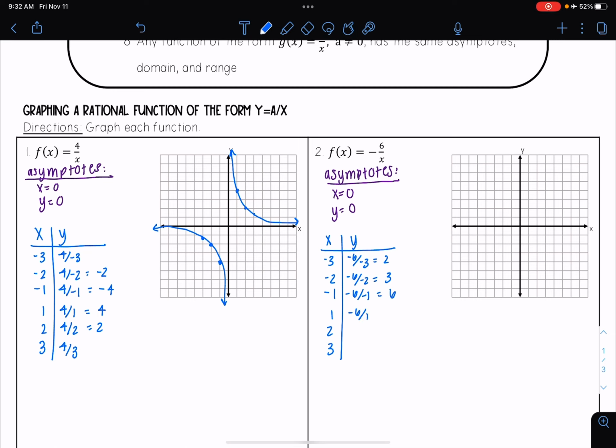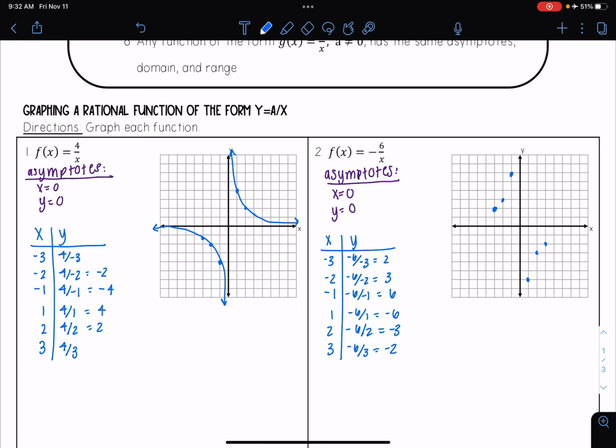Negative 6 divided by 1 gets me negative 6. Negative 6 divided by 2 gets me negative 3. And negative 6 divided by 3 gets me negative 2. Applying those points, I have negative 3, 2; negative 2, 3; negative 1, 6; 1, negative 6; 2, negative 3; and 3, negative 2.